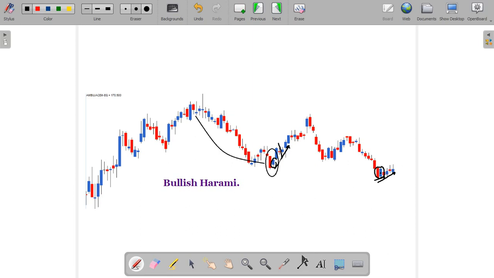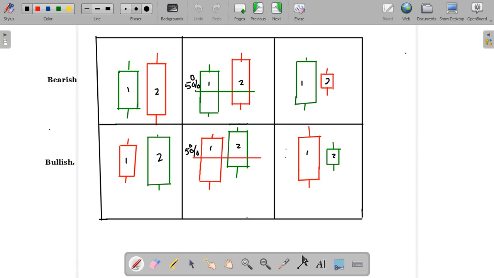Friends, I would like to crystallize with you what we have done here. Now this is actually the summary of all the 6 patterns which we have discussed.